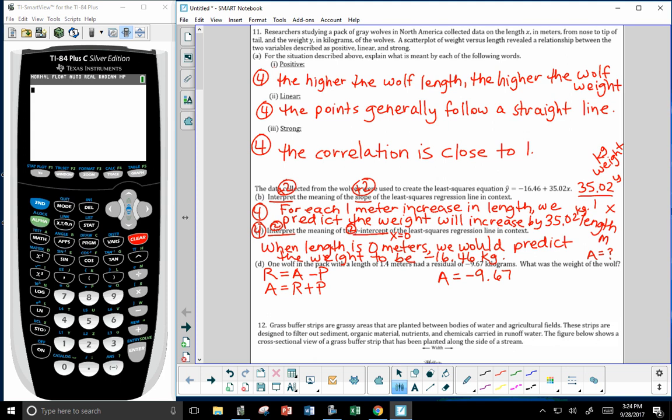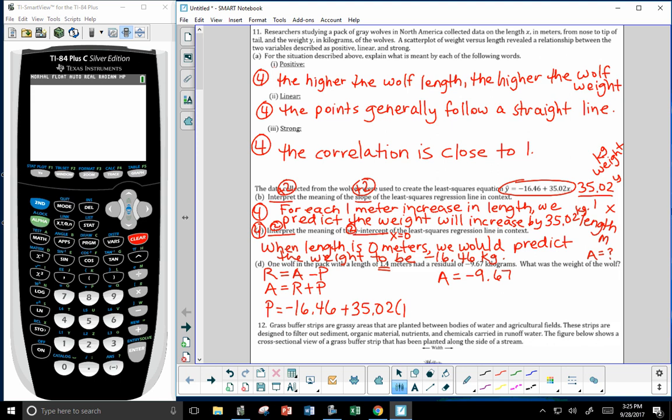So we're going to go to the calculator and do negative 16.46 plus 35.02. We want to multiply by the 1.4 as our x. This is our predicted value. It was actually predicted to be 32.568.